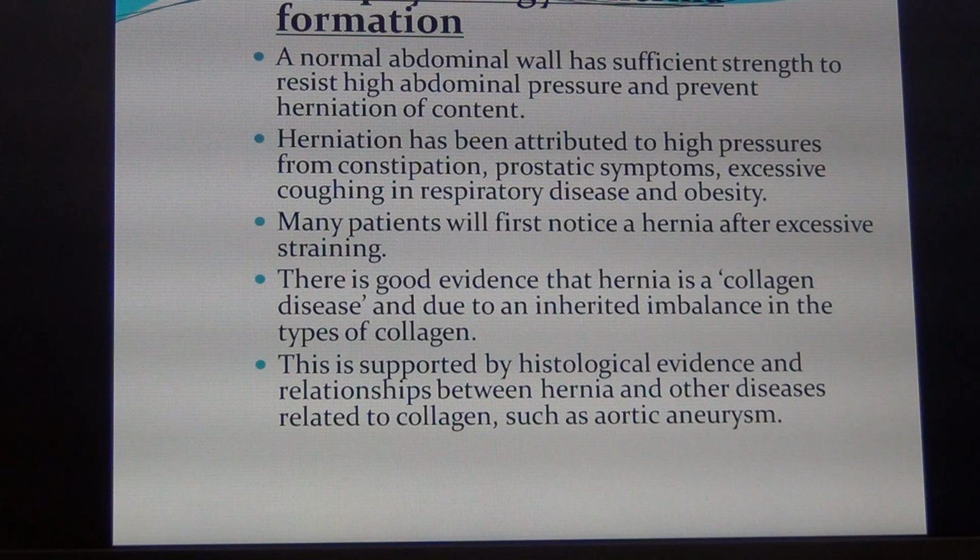There is good evidence that hernia is a collagen disease due to an inherited imbalance in the types of collagen. This supports the histological evidence and relationships between hernia and other diseases related to collagen disease, for example, aortic aneurysm.